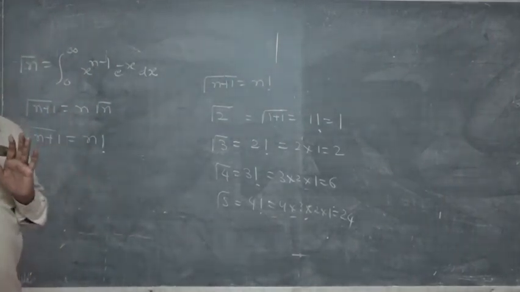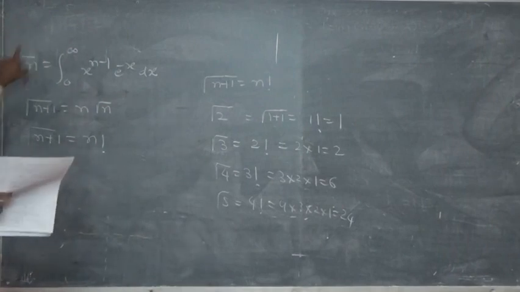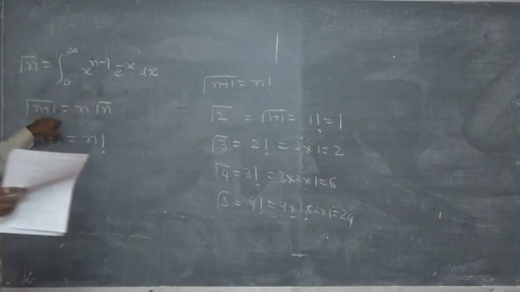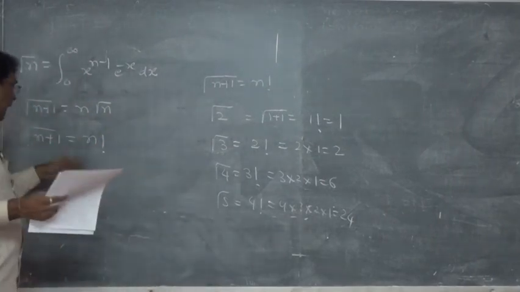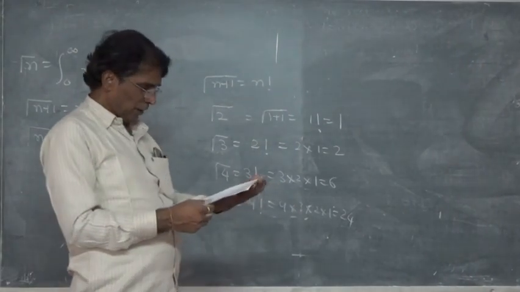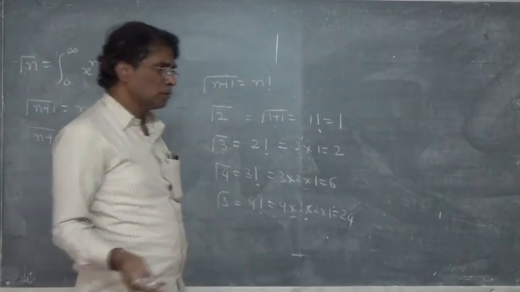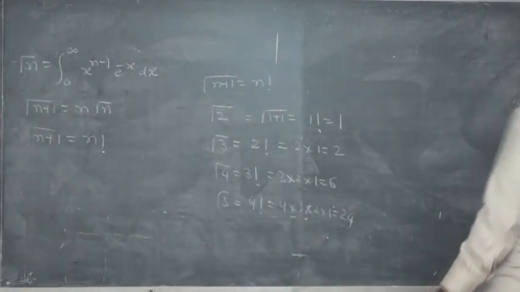Got it? The things are clear now? So first is you should know the definition of gamma function. Second is gamma n plus 1 is equal to n gamma n, and third is gamma n plus 1 is equal to n factorial. Now we shall solve some small problems here.